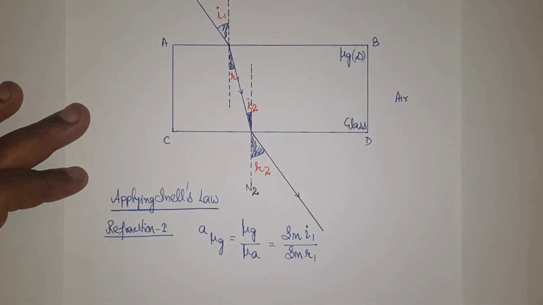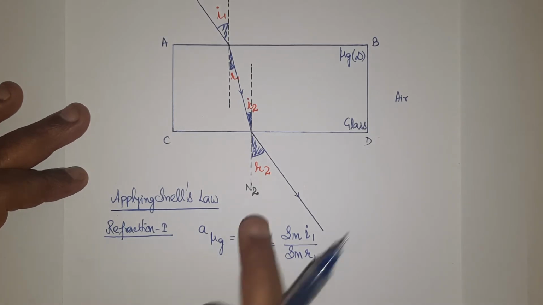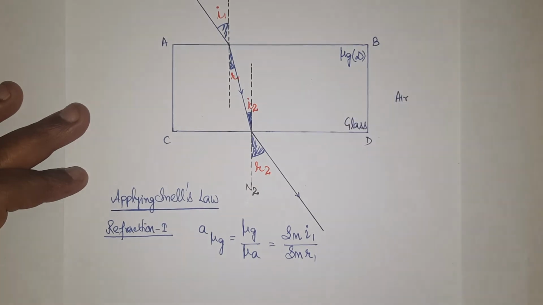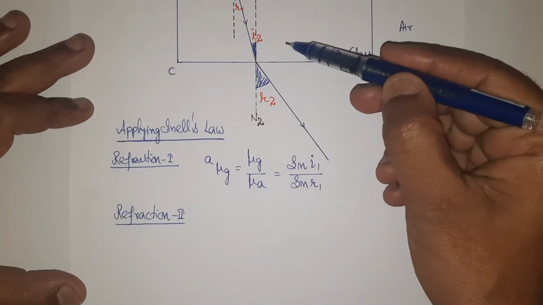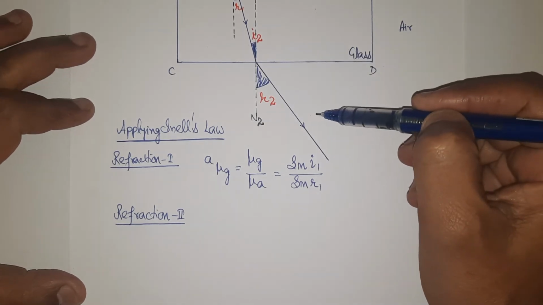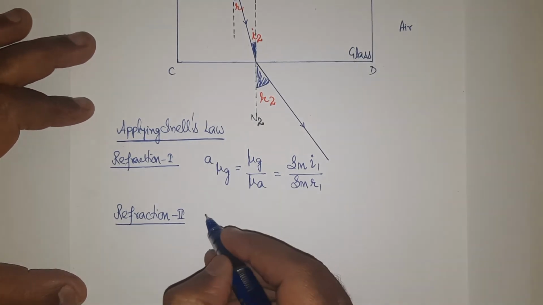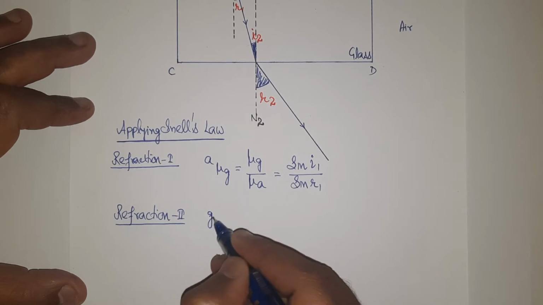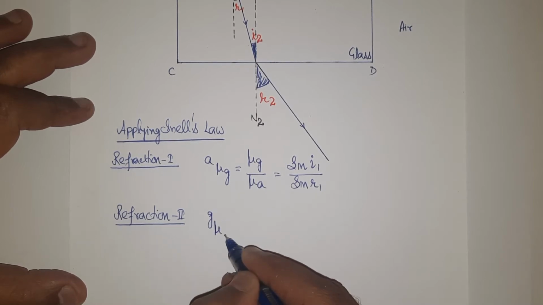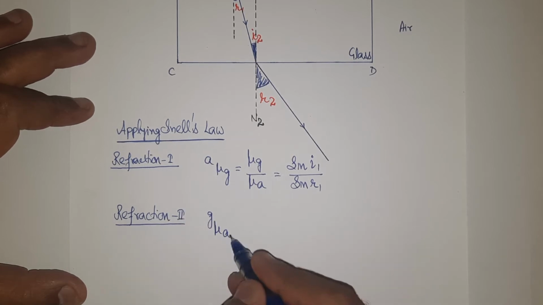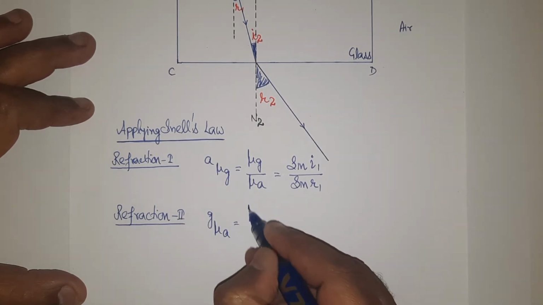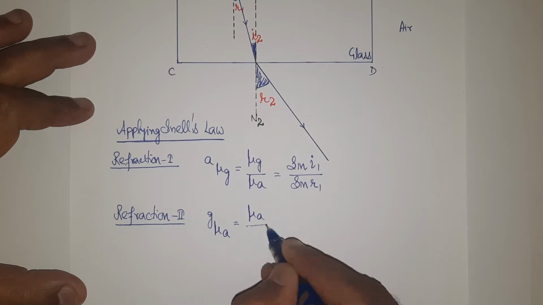Now applying Snell's law to refraction 2. For refraction 2, light is going from glass to air, so we will write the refractive index like G mu A, the refractive index of air with respect to glass.